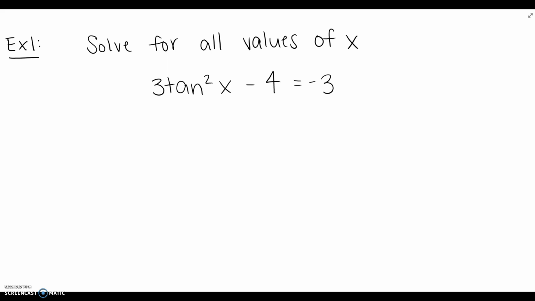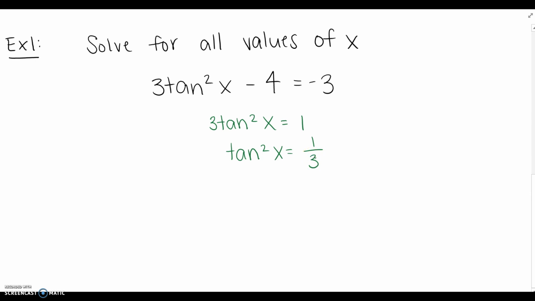For this problem, first we want to isolate the trig function. So we're going to add 4 to both sides. -3 plus 4 is 1. And then we need to divide by 3 on both sides. So tangent squared of x equals 1/3, just like you're solving for x.